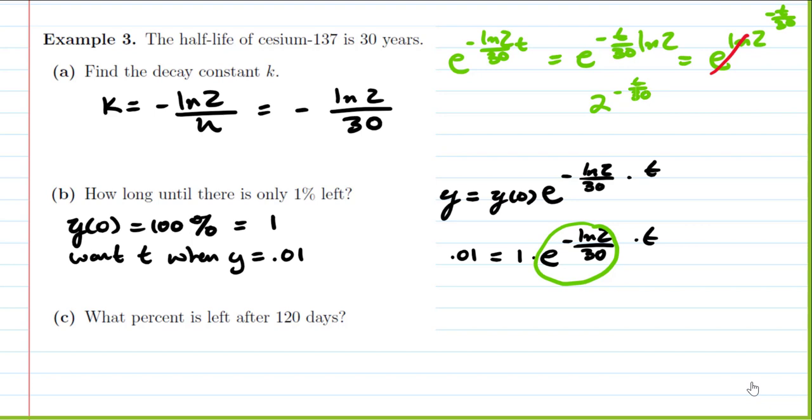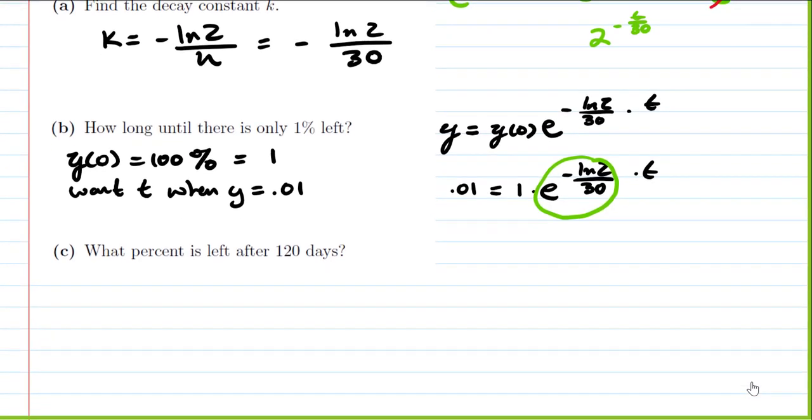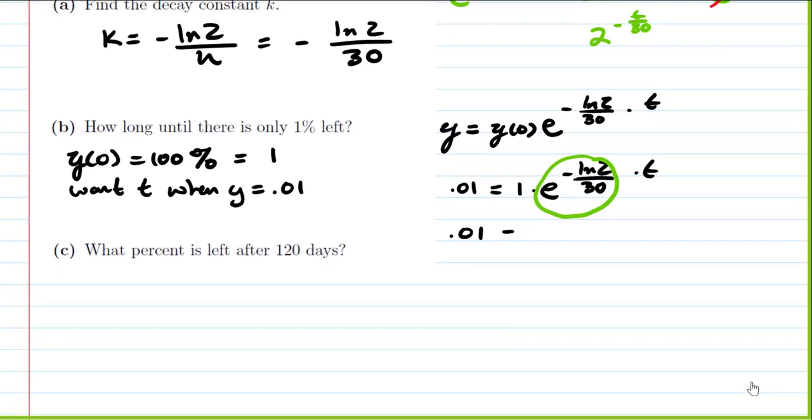It's the same thing we did in the previous problem when I got the 3. We can always do that with our k's because our k's will always involve a logarithm. So essentially we can move some constants around and use our power property of logarithms to reduce the e and the log out. So now the equation we need to solve is 0.01 equals 2 raised to the negative t over 30.